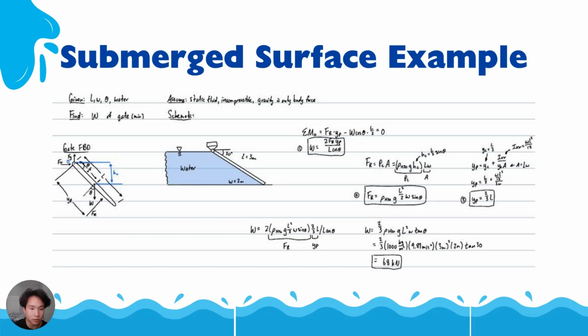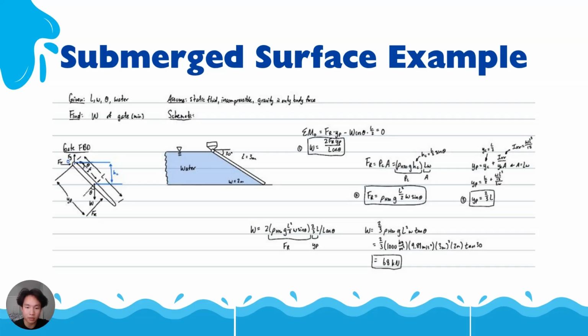So after we do this free body diagram, we find the moment because that will help us with the weight. So the moment is equal to the force times the location of the force minus the weight cos theta, the angle here, 30 degrees, times length divided by 2 because that is where the weight is being applied to, halfway down this gate.